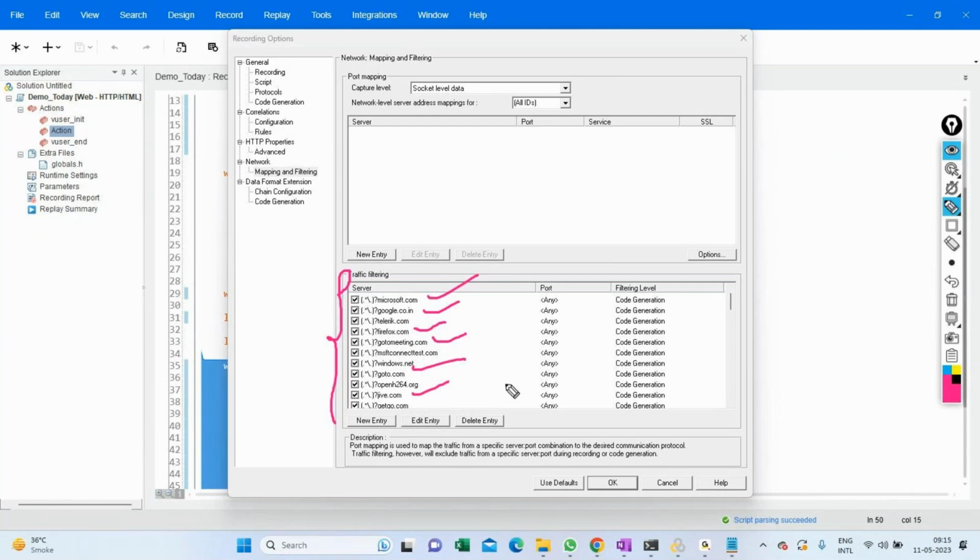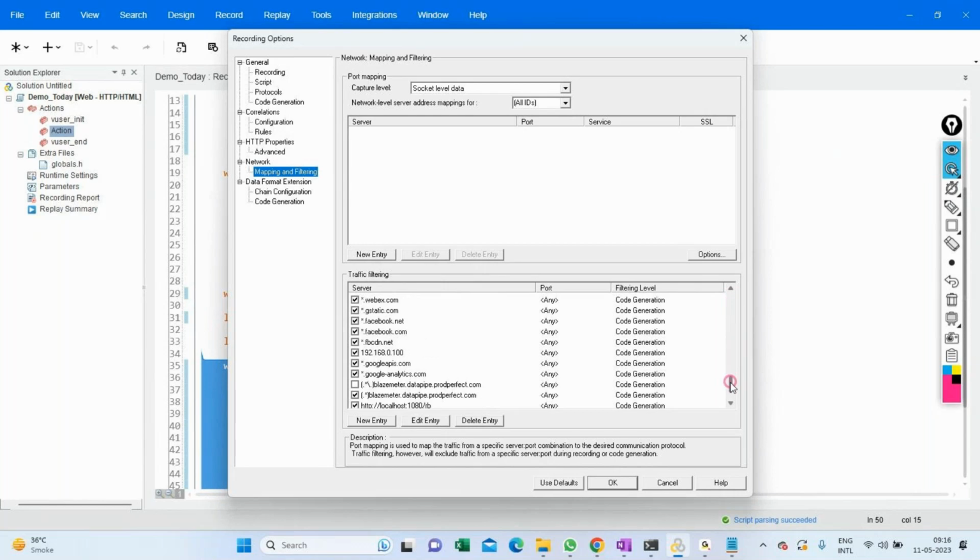So that's the reason I have unchecked and regenerated slowly. After a few days, this list will be something like this in your laptop also. All these are unwanted domains. These domains will never be recorded now in your laptop.